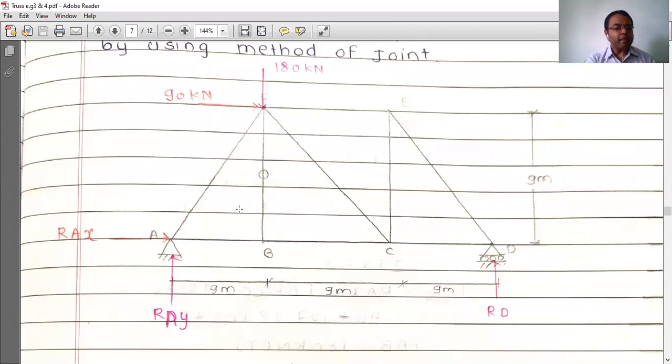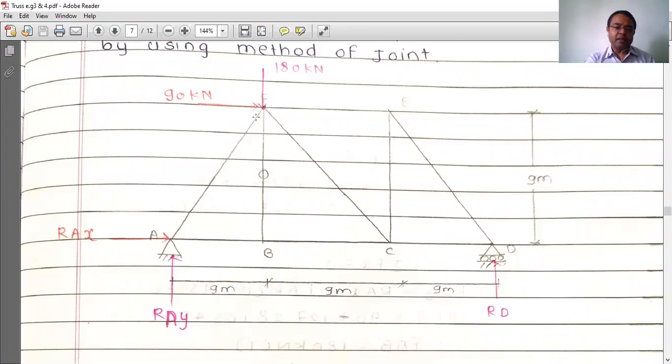Suppose I consider this joint E: at joint E, 3 members are meeting, and these are unknown members. Unknown means we don't know the force in these 3 members. That's why we will not go for joint E.